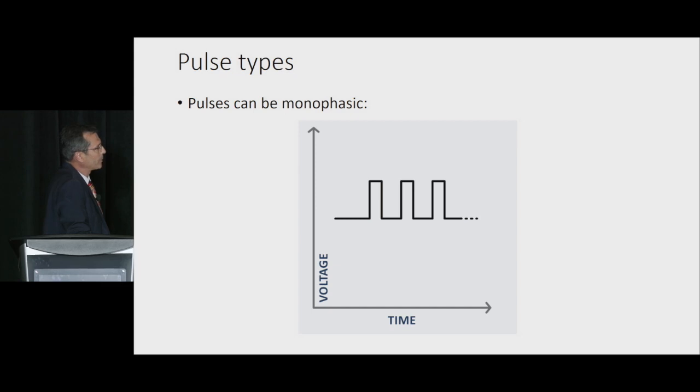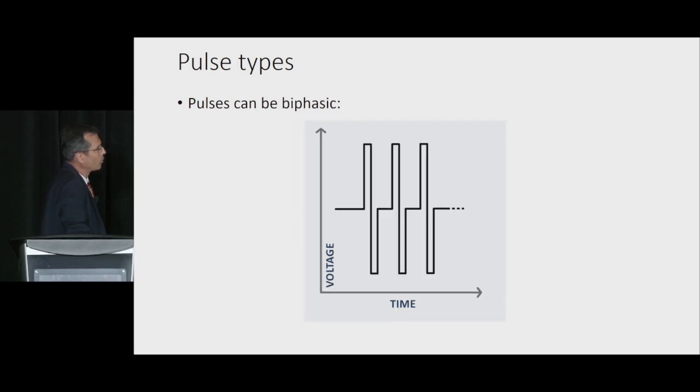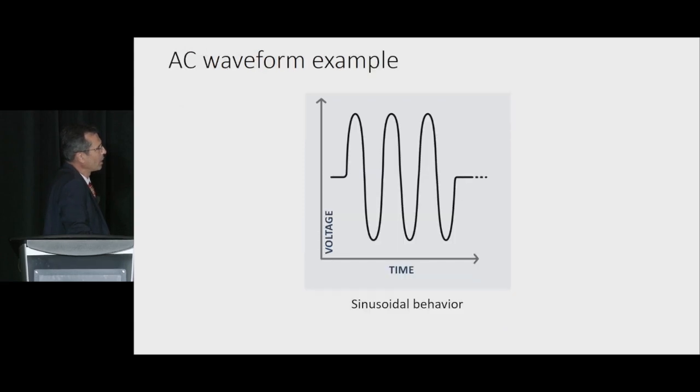There are tons of possible waveforms that you can think about, and this is where the complexity really starts. So this is a basic design for monophasic waveforms. These are biphasic. This is the typical AC current, not to be used really in this context.